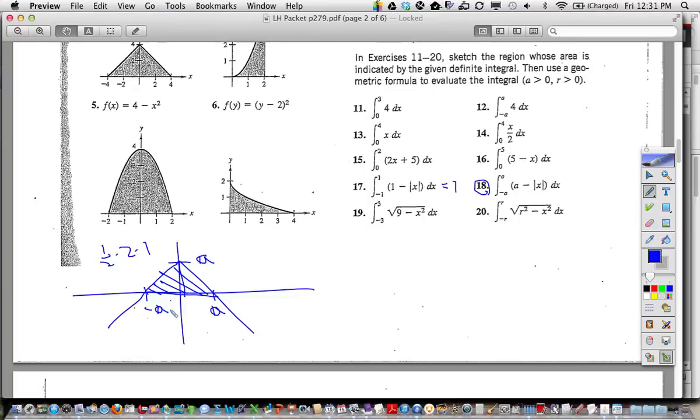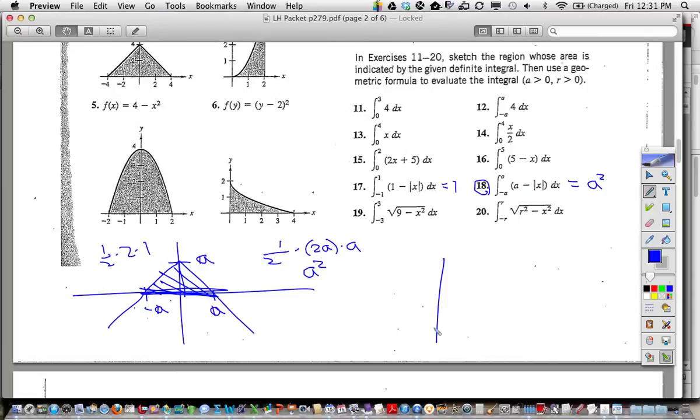Because it's still a slope of 1. So this area on number 18 is just this triangle. Well, what would be the base on this one? 2A. So it'd be 1/2 times 2A times A. That's just A squared.